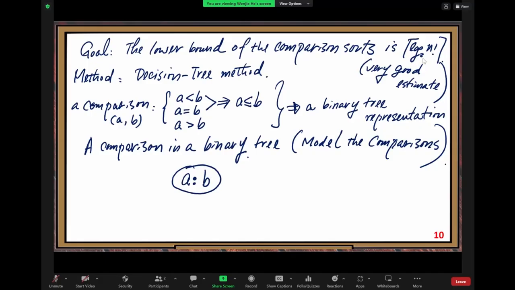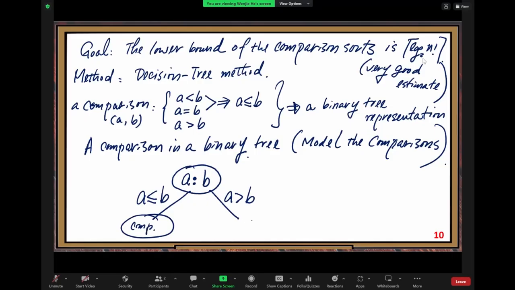Then we have two different outcomes we need to represent in this binary tree. The left branch node corresponds to A less than or equal to B, and the right branch node corresponds to A greater than B. After that we can do further comparisons.